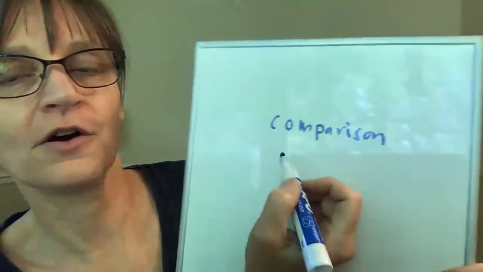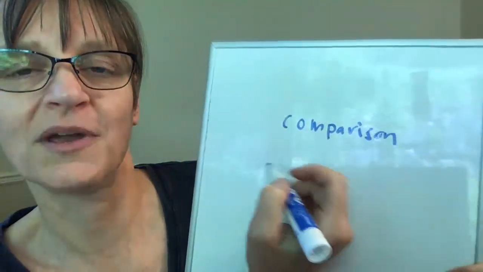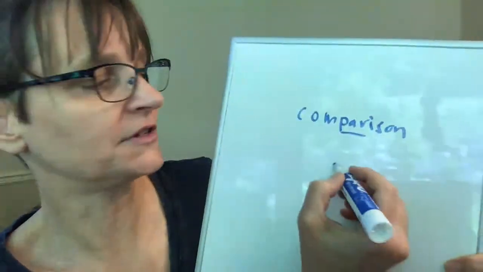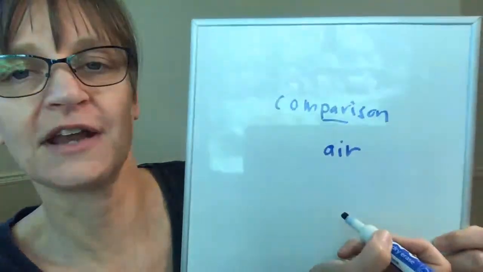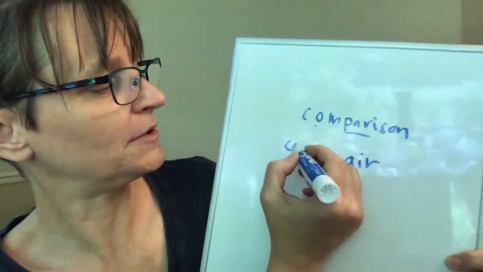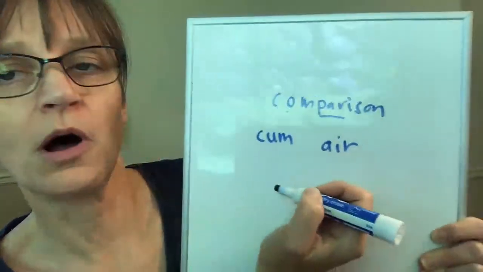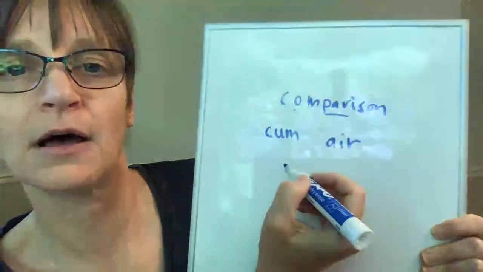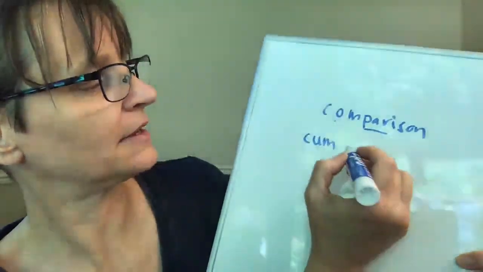There's one of our O's that doesn't say O because it's not stressed. So we have air as our stressed syllable. The AIR in this word is an air diphthong. And then our unstressed first syllable sounds like vowel schwa. So not com or comparison, but comparison.